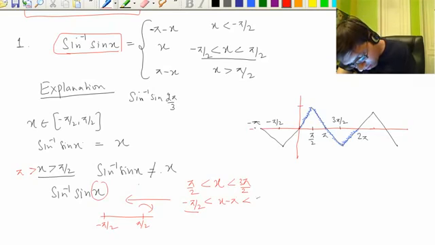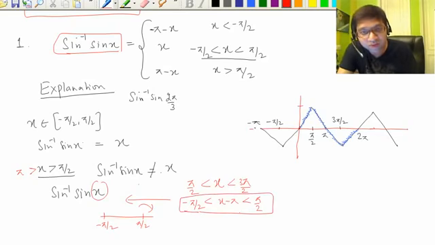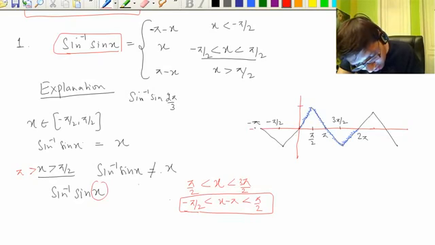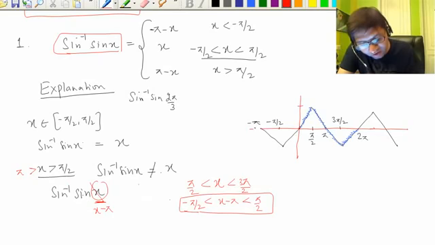If you subtract pi, this becomes from minus pi by 2 to pi by 2. So this x is not in the principal value branch, but x minus pi is. If we can make x minus pi here without changing the value, we can cancel sine inverse with sine. I'll show how to do it.